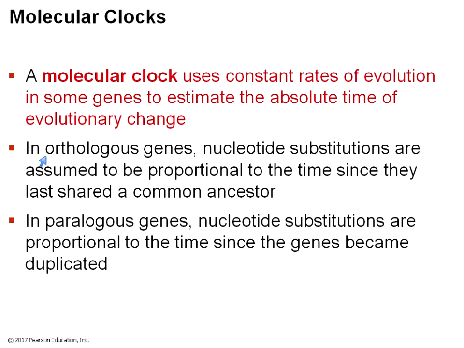Now, in orthologous genes, you can look at the nucleotide substitutions in proportion to the time since they last shared a common ancestor. In paralogous genes, you're looking at nucleotide substitutions since the genes became duplicated. So you're looking at different events at different times.